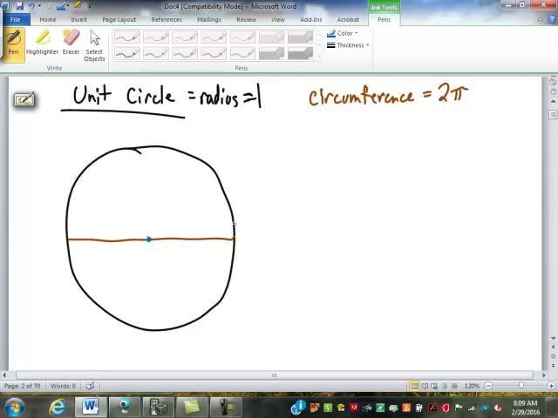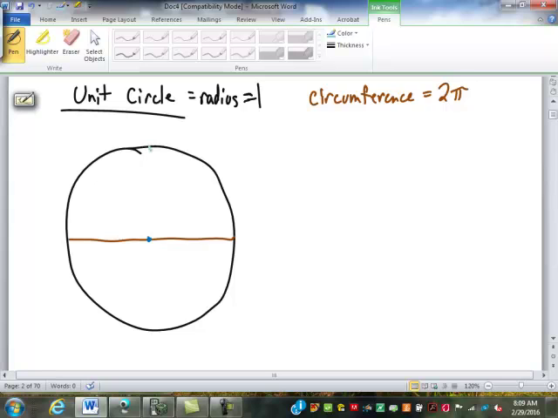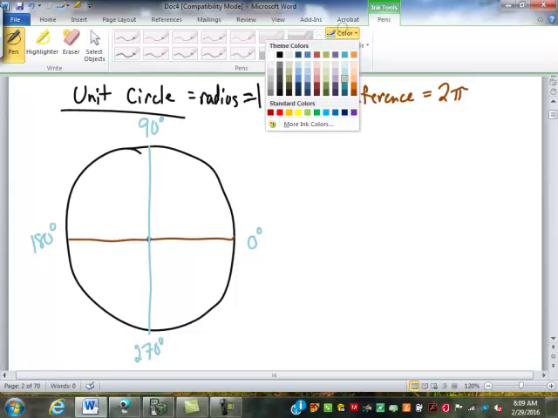Now we've discussed this a little bit, and I'm going to put this in here as a reference, this line right here. We discussed a little bit that this is 0 degrees, 90 degrees, 180, and 270, correct? Remember that discussion briefly?